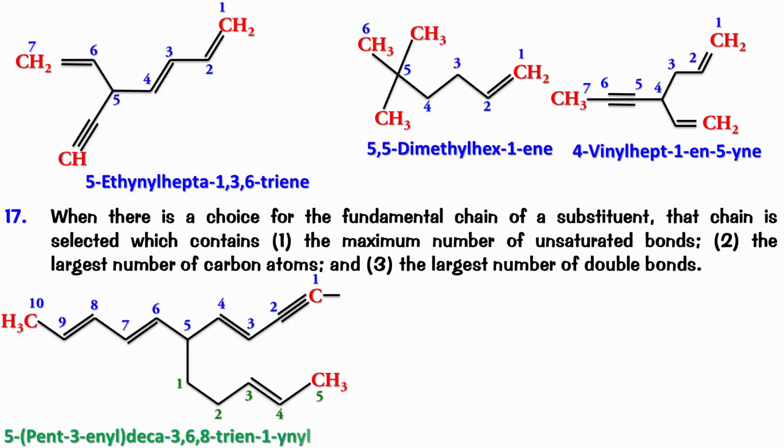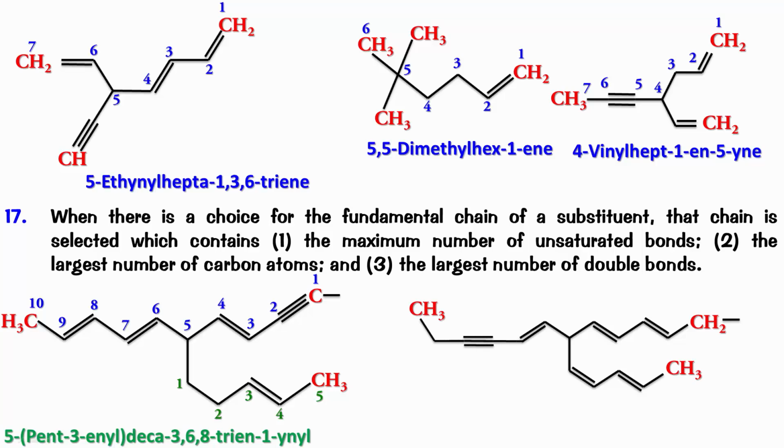So just check with your name and see whether it's working or not. Try this one. Remember, it's a branch. This entire thing is a branch. So we are looking at what happens if the branch is so complicated. Which one do you think is the fundamental chain of the branch? Now, if you go from right to left, if you go this way, I think the number of double plus triple is 4.